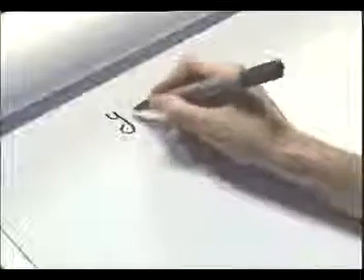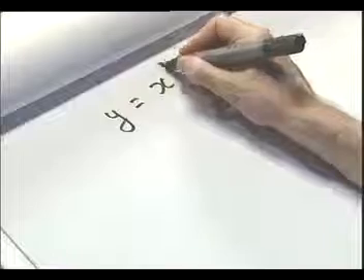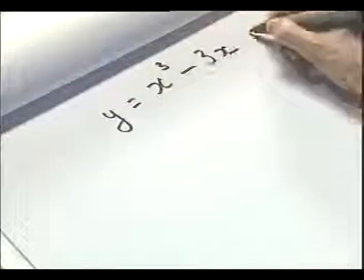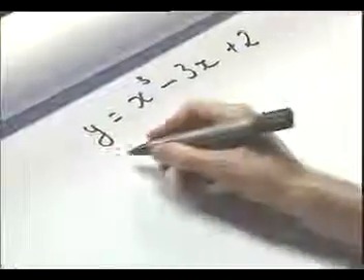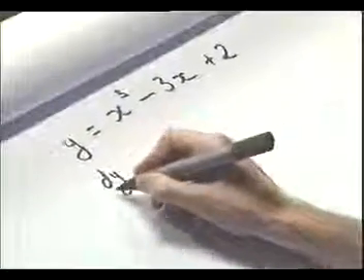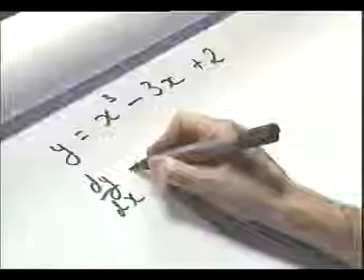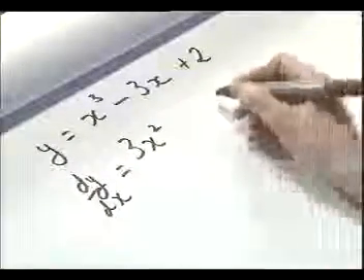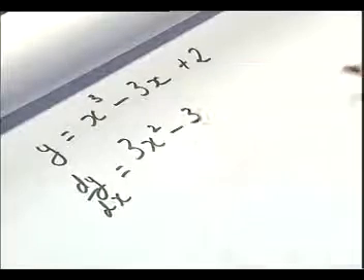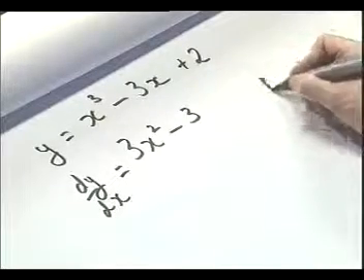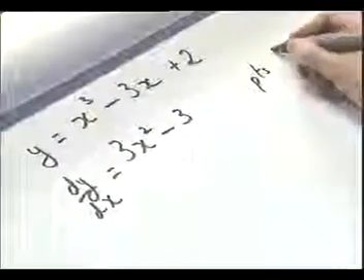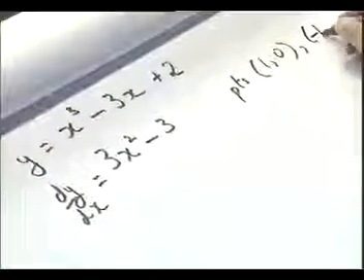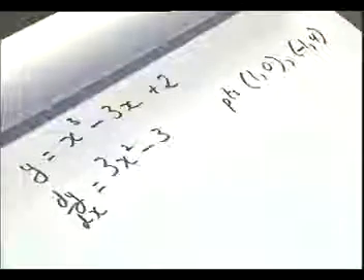So with y equals x cubed minus 3x plus 2, we've got the first derivative, dy by dx, 3x squared minus 3, and the points that we're interested in were the points 1, 0, and minus 1, 4.